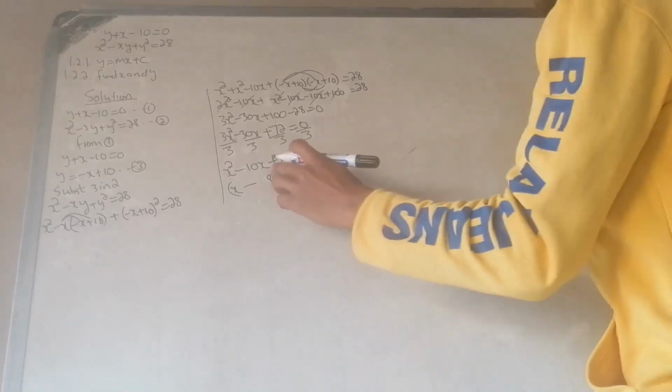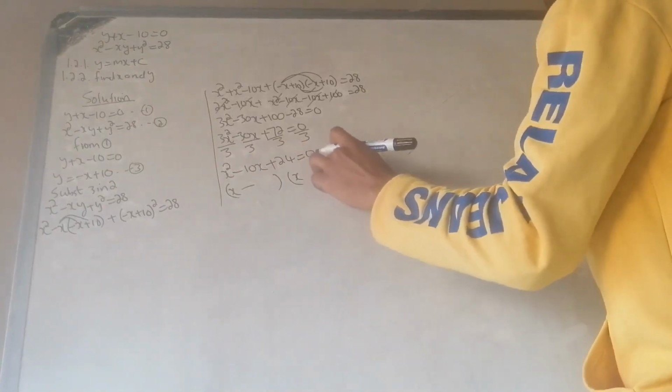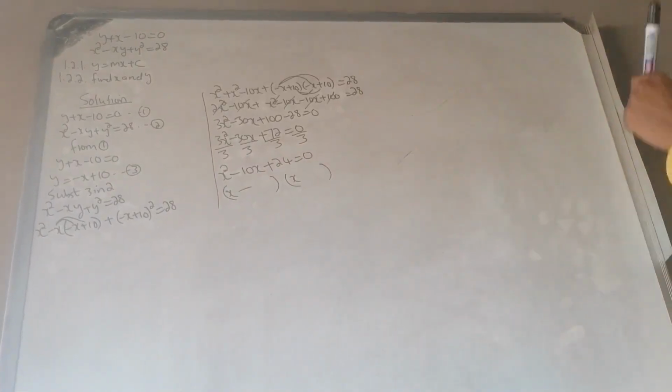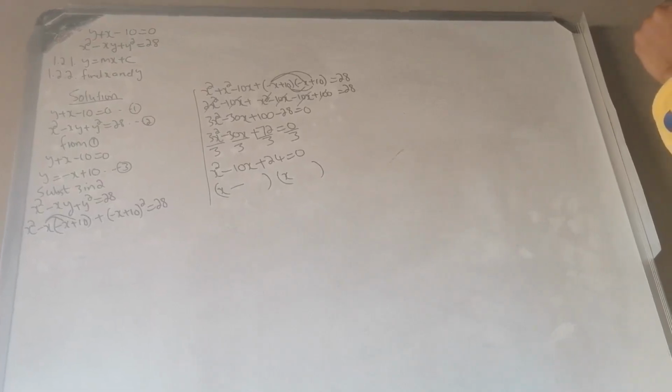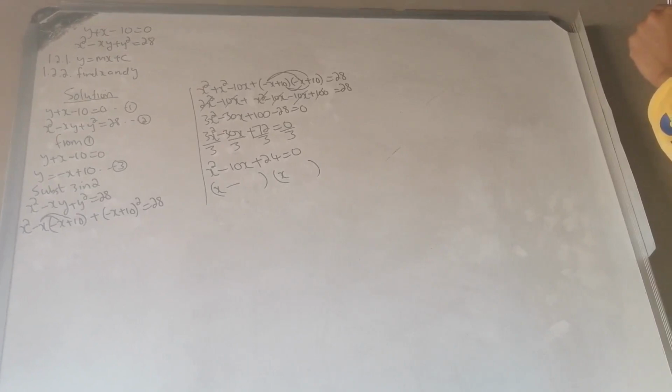Something is not adding up here. 100 minus 20, it's 80. 80 minus 8 is 72, yes. But something is not adding up here.